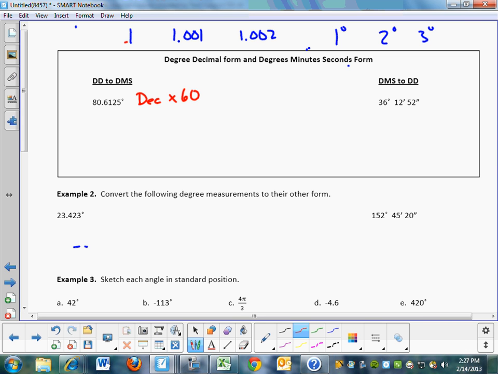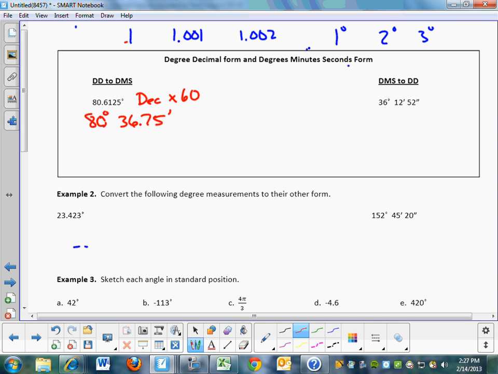Who's got the quickest hands? I bet it's Haley. Anyway, so we've got 80.3675. Well, I'm sorry. So we got 80 degrees and 36.75 minutes. 0.75 minutes.